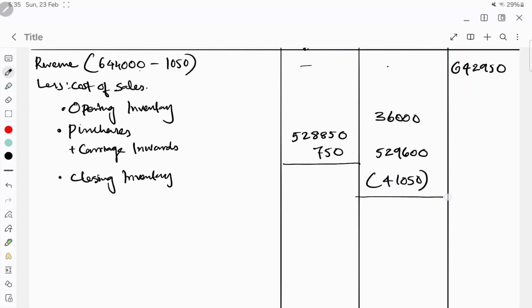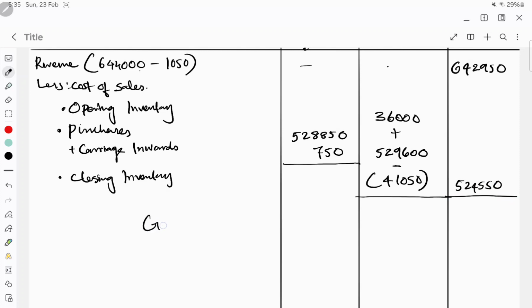Then you will see opening inventory, the main equation of the cost of the sales calculation, I took in the second column. Okay, if there is any adjustments or any calculation, you can use first column. So opening inventory plus net purchases minus closing inventory, so you will get 524,550. Okay, so this is the cost of the sales.